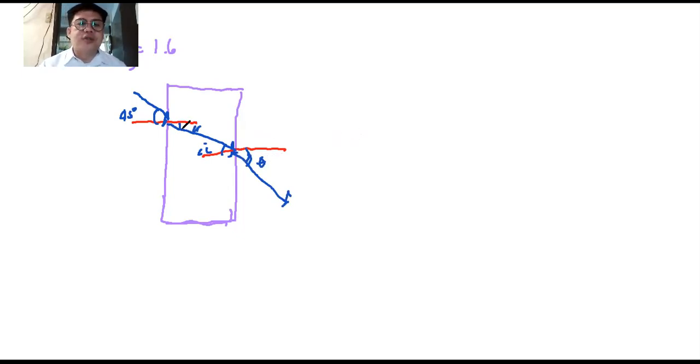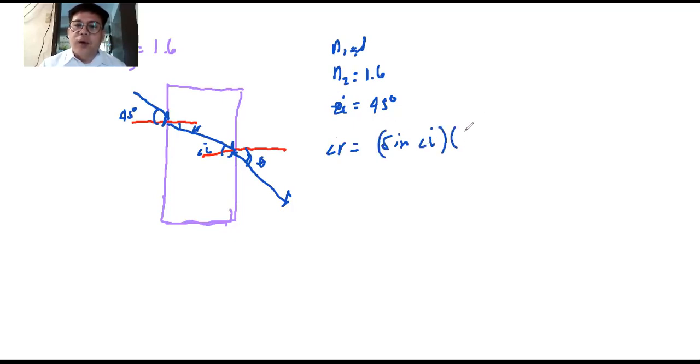So let's first deal with this. On the first part, your n1 will be your air, and your n2 will be your glass. And the angle theta, or the angle of incidence, is 45 degrees. So your angle r is equal to sine of angle theta, angle i, multiplied by n1 over n2.